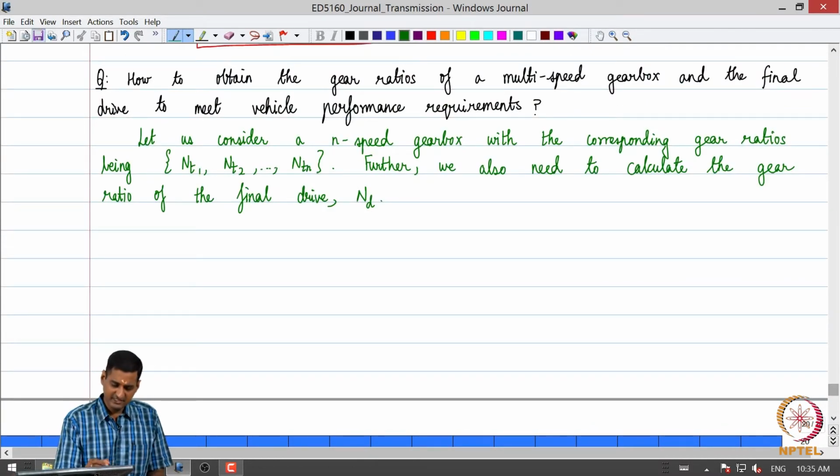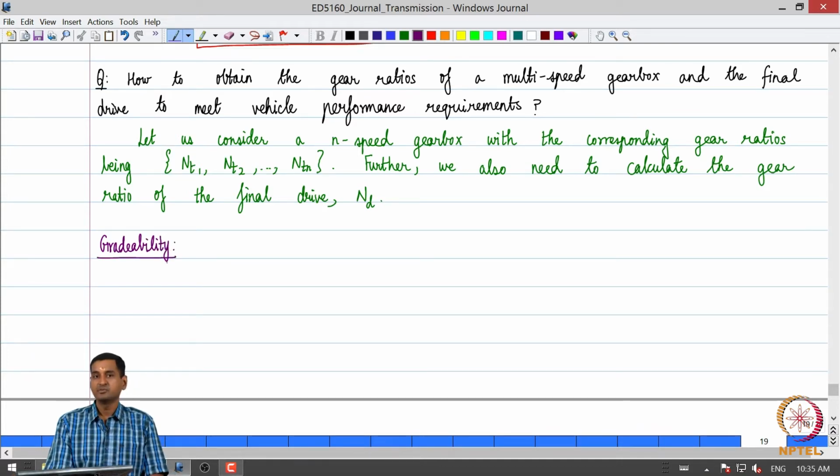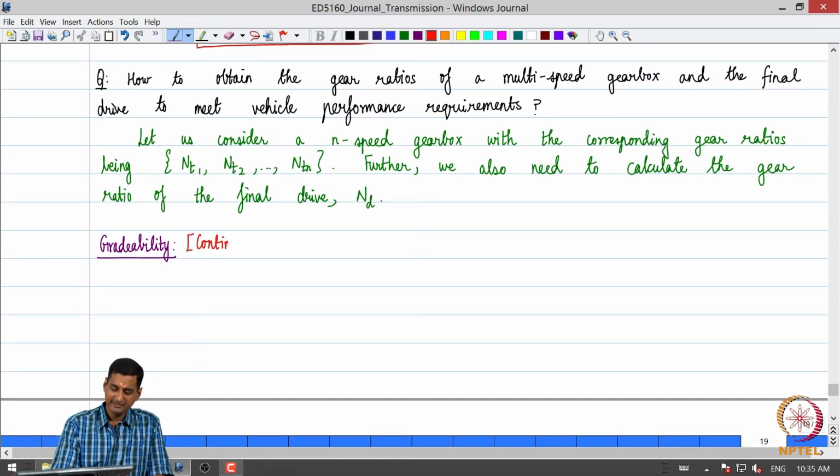So, the first vehicle performance requirement that we are going to look at is gradability. And to be very specific, we are going to discuss continuous gradability. We will see the difference between this and another form of gradability shortly. So, what is gradability?